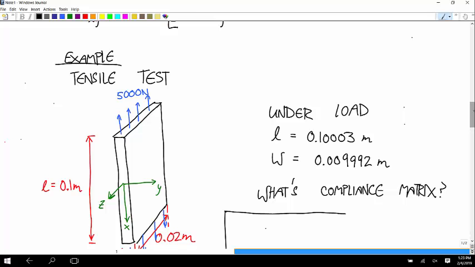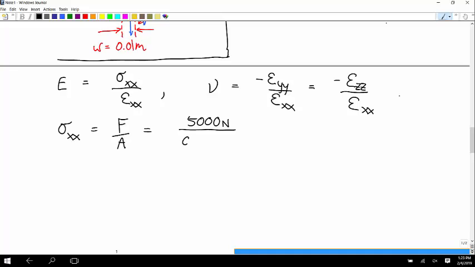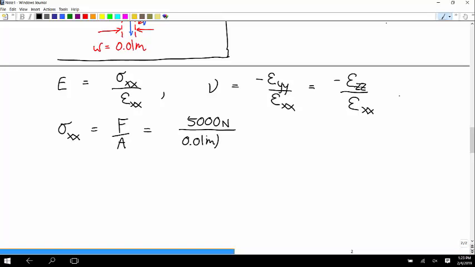So the area we want is 0.01 meters times 0.02 meters. And so you get 2.5 times 10 to the 7 pascals.